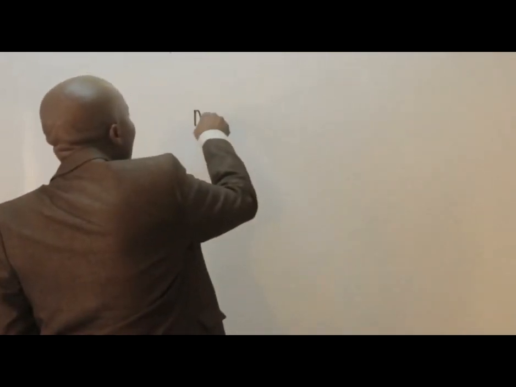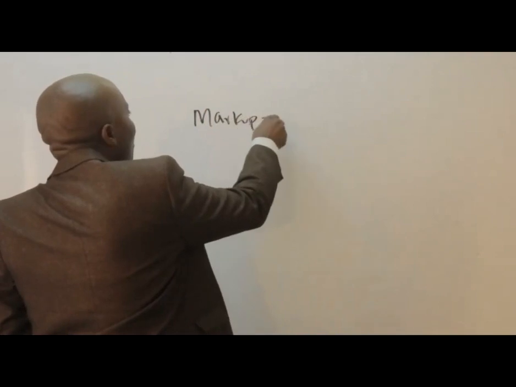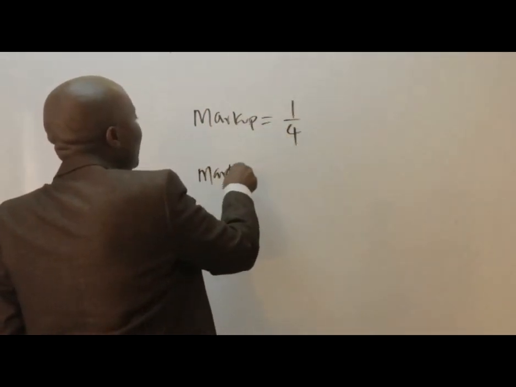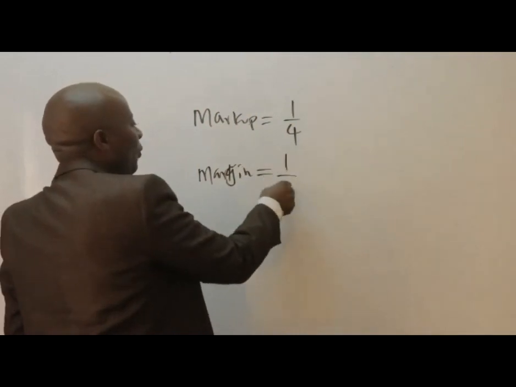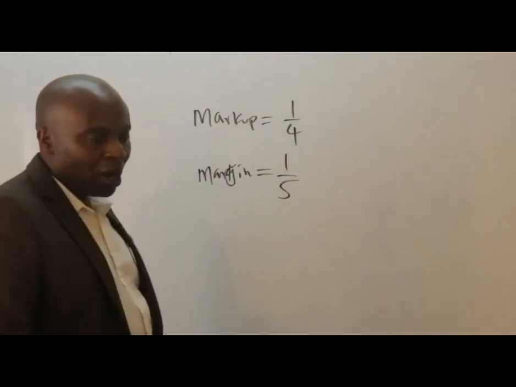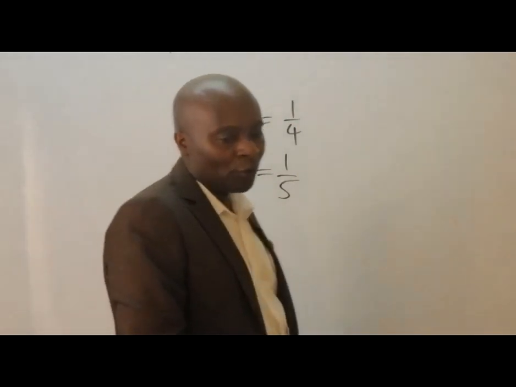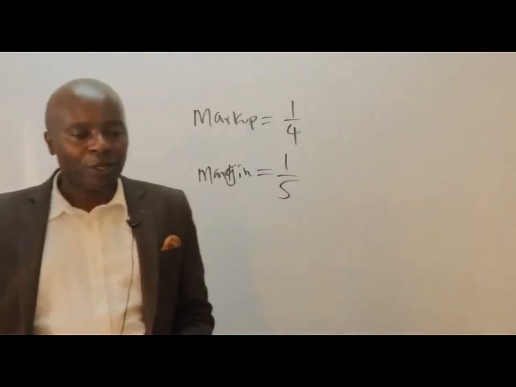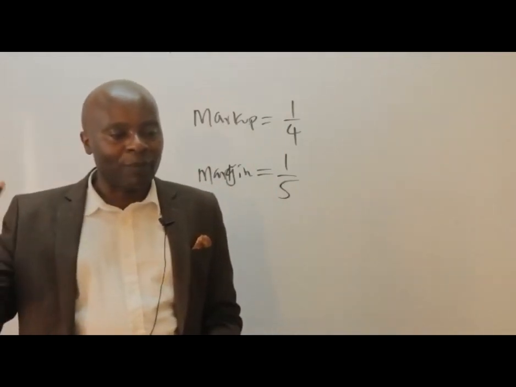Now, if, for example, you tell me that the markup is 1/4, I will tell you that the margin is 1/5. What have I done to get 1/5 margin?